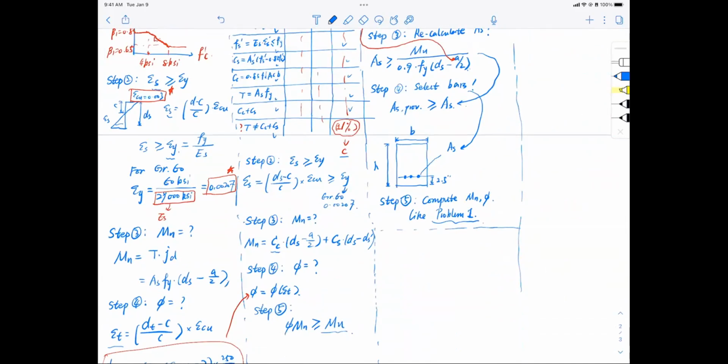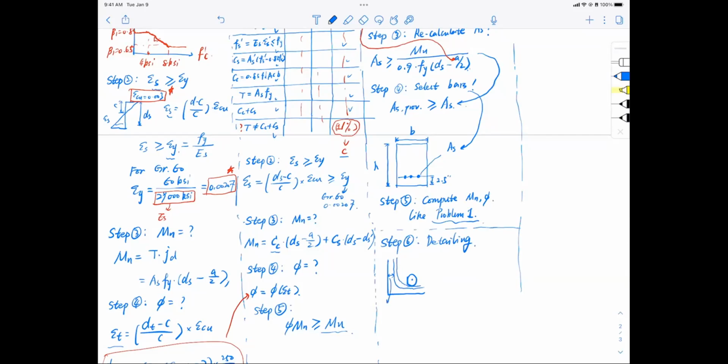Once everything is said and done, last but not least is the detailing. You're doing design, so you have to do detailing. At the corner, don't forget there are stirrups, and you put a bar there, and this is concrete cover.